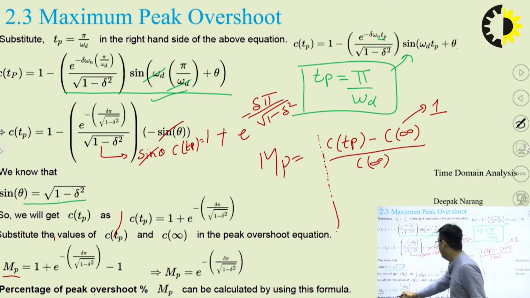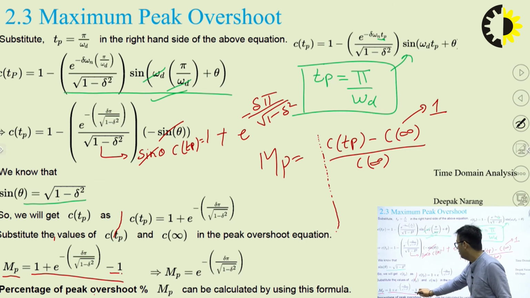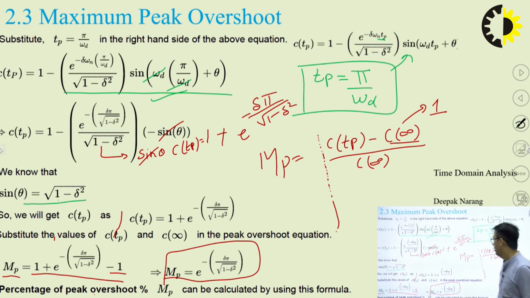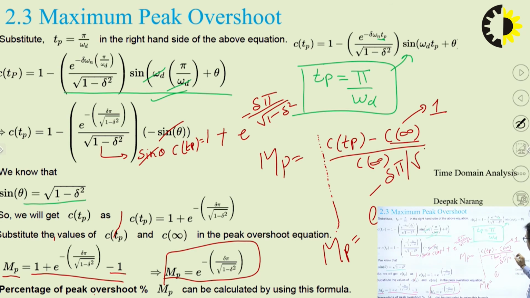So this is CTP and we are subtracting this value from this, and we are left with MP equal to e raised to power minus delta pi upon square root of 1 minus delta square.